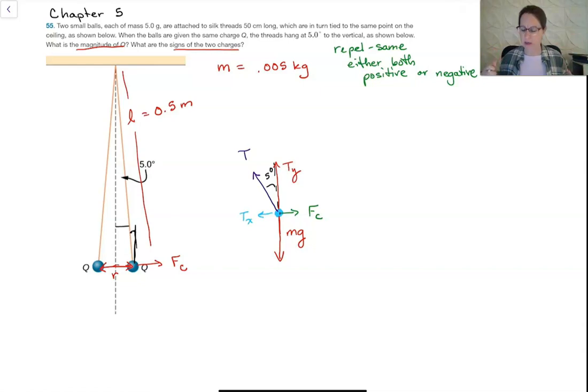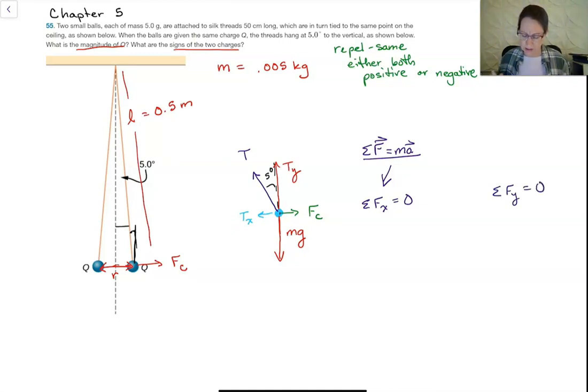They're just sitting at rest. So if I write my sum of the forces equals mass times acceleration, which is my vector equation, I can write it in both the x and y direction. I add up all of the forces in the x direction, and there's no acceleration, so those must add to 0. And I can add up all the forces in the y direction, and that equals 0.